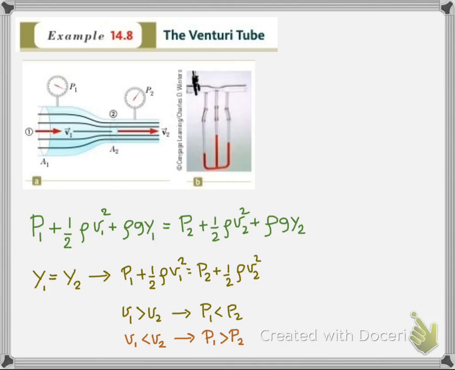In principle, if we measure the pressure difference between 2 points in the tube of flow, from the Bernoulli equation we can calculate the velocity difference between these 2 points.